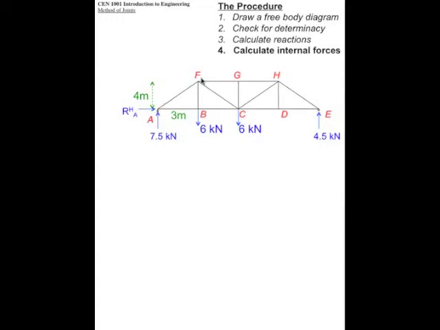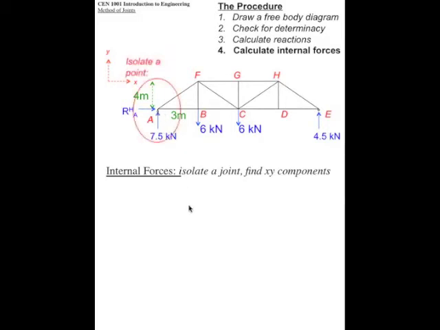Well, there's an unknown force in AF and an unknown force in AB, but that's it. Only two unknowns. And we can always have two equations, right? Summation of vertical forces, summation of horizontal forces. So therefore, two equations, two unknowns. This is a good point to isolate. Okay? So we'll isolate point A here and find the forces at A.